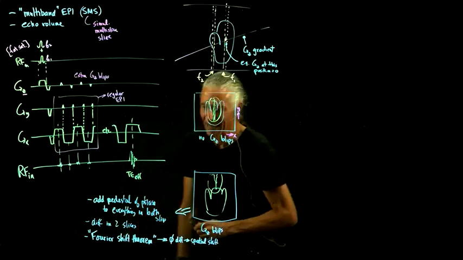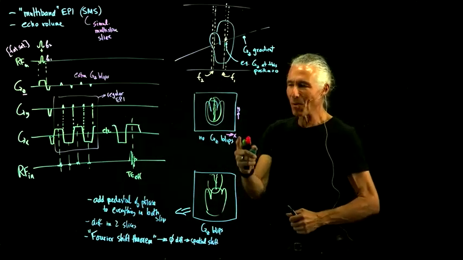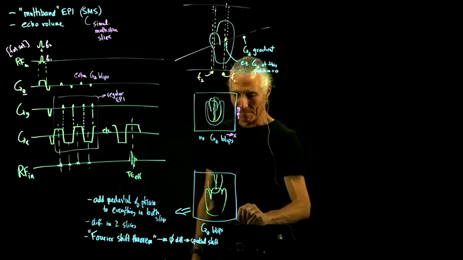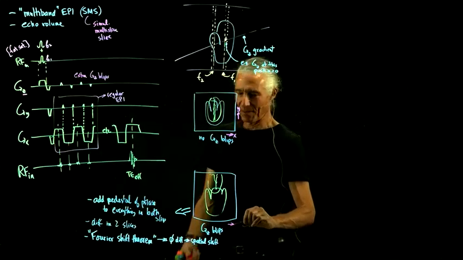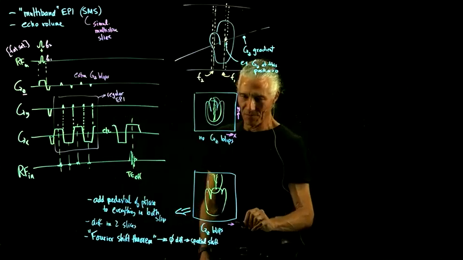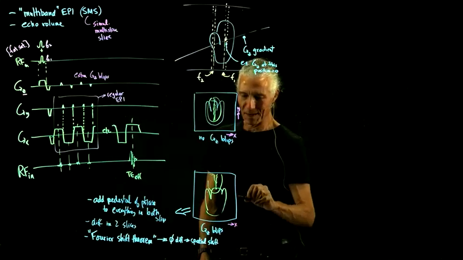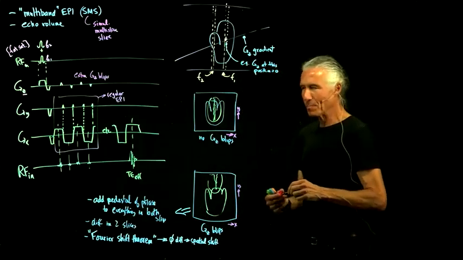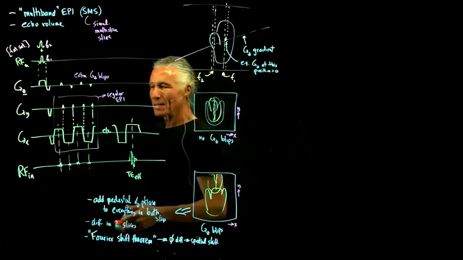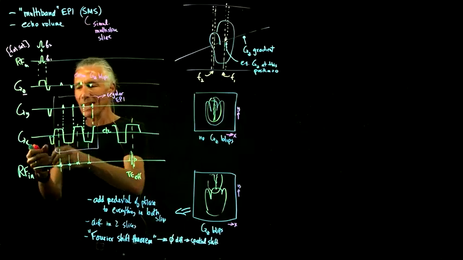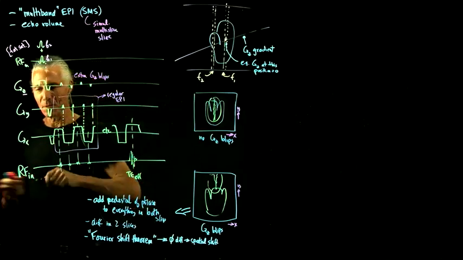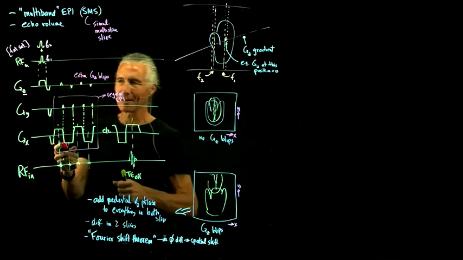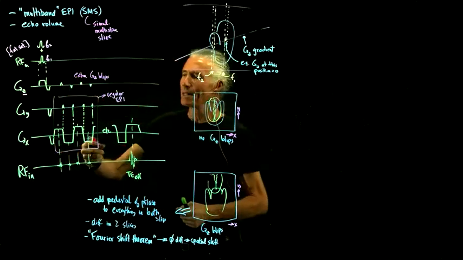Okay, but now, last but not least, why did it only happen in the y direction? It didn't happen in the x direction, and the x direction's phase encoding too. So why does it only happen in the y direction? The reason is that in the x direction, we've got these humongous gradients going back and forth, muscling stuff around.